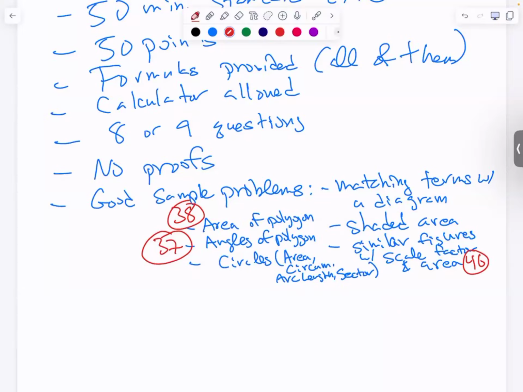That's a good one. I mean, these are not the only questions you should look at. Really good. Shaded area, 58, 59, and 60. Those are outstanding questions.